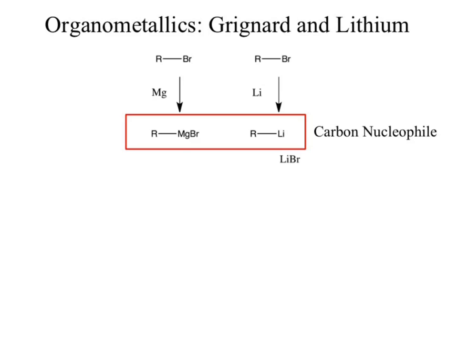Magnesium being a metal is less electronegative than our carbon, which means the electrons in that bond spend all of their time on the R group. We have a nucleophile. In the other case, lithium, also a metal, less electronegative than our carbon. The electrons in that bond spend all of their time with the carbon.